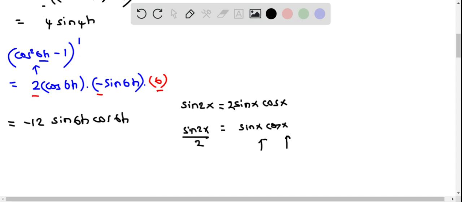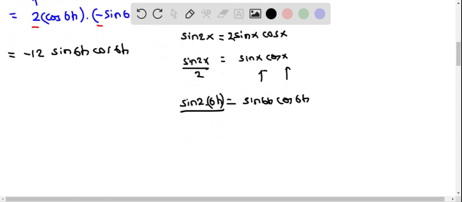So sine 6h cos 6h is sine of 2 times 6h over 2, so we get sine 12h divided by 2 equals sine 6h cos 6h.